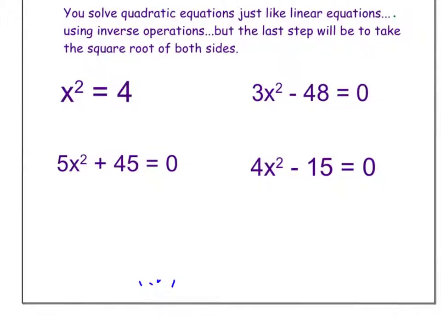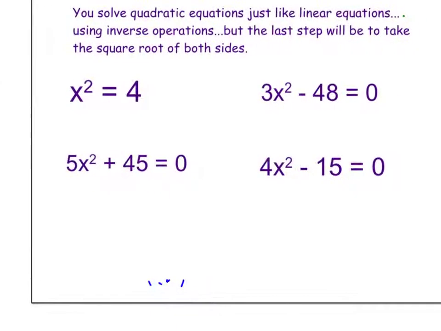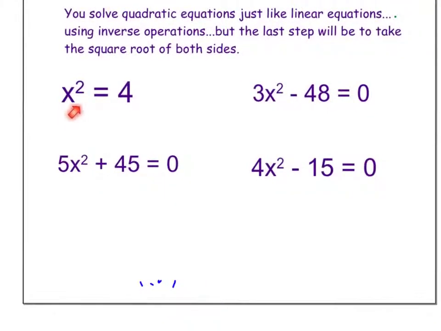So you solve quadratics just like you do a linear using inverse operations until you get the x squared on a side by itself. And once you get the x squared on a side by itself, the inverse of squaring is taking the square root. So we have to take the square root. So we have the square root of x squared is x, the square root of 4.